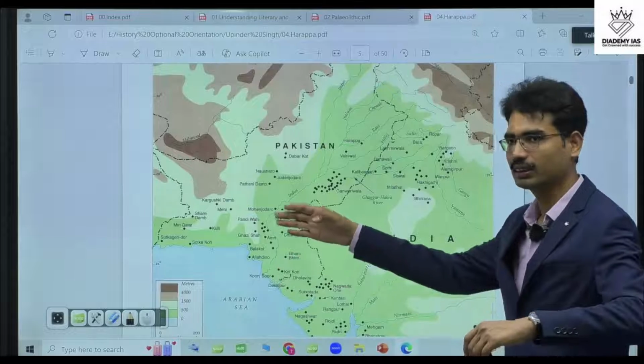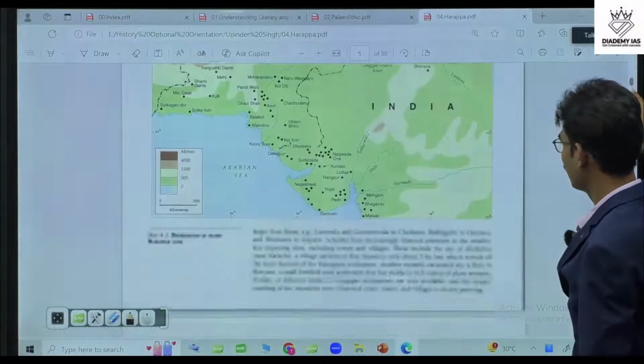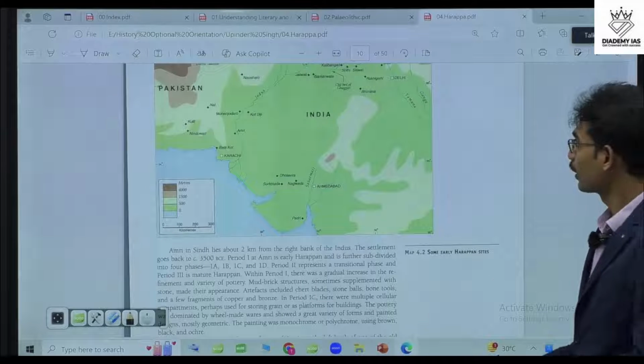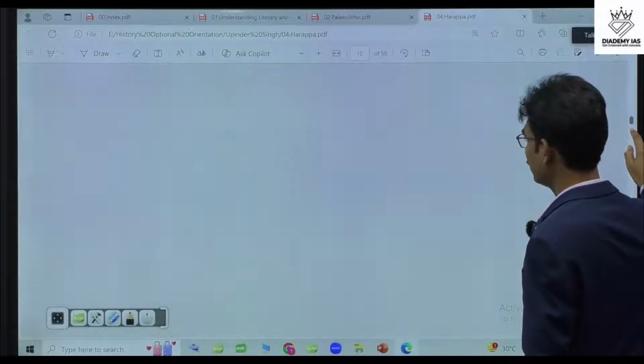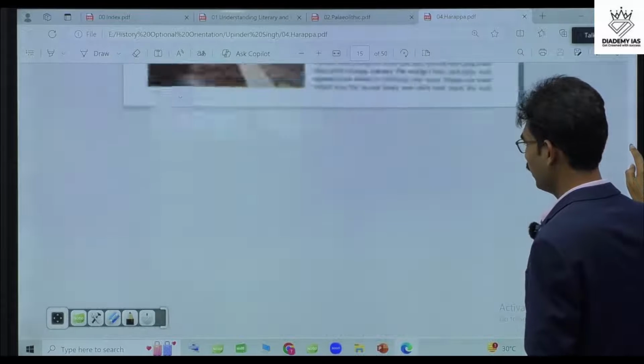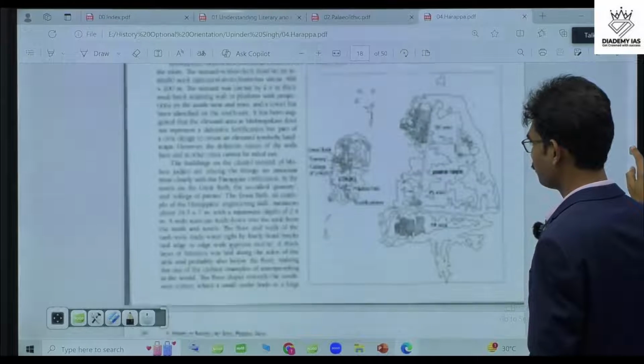If you see the trading aspect, it will explain with the trading networks also, how different people contributed.